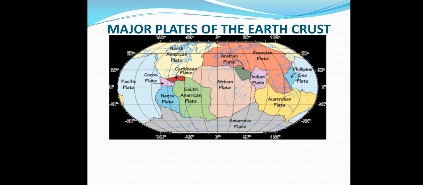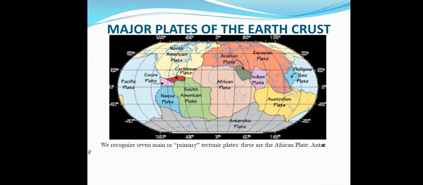Here you can see the American plate, Arabian plate, Eurasian plate, Indian plate, African plate, South American plate, Nazca plate, Caucasus plate, Pacific plate, Australian plate, Antarctic plate, Philippines sea plate. But here we recognize seven main or primary tectonic plates.